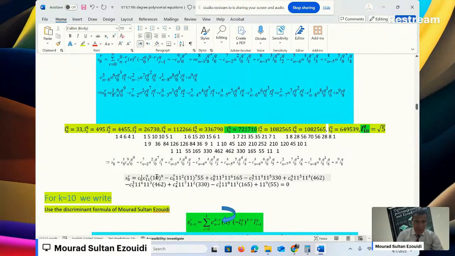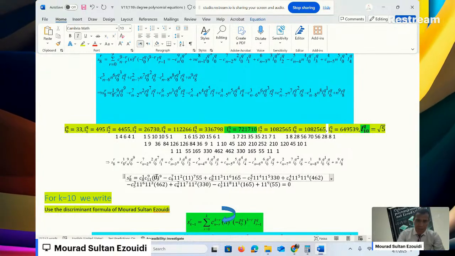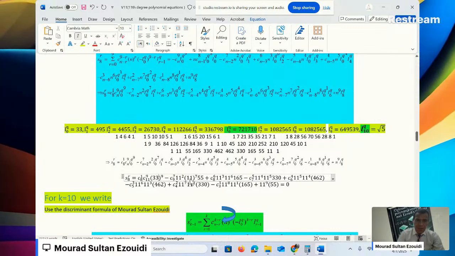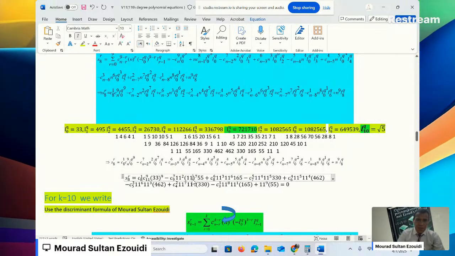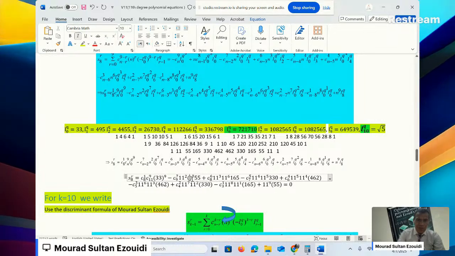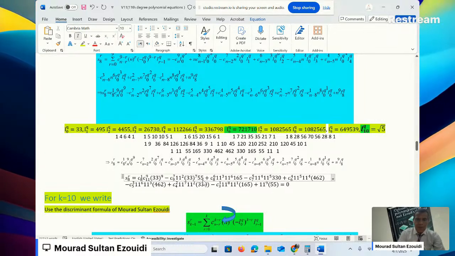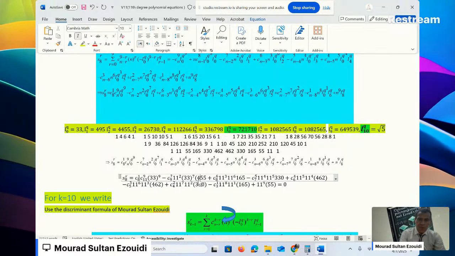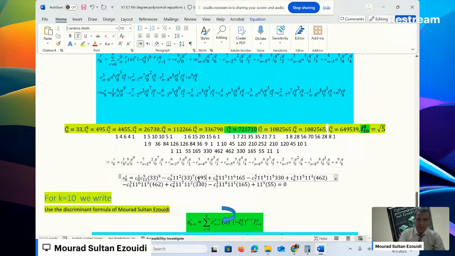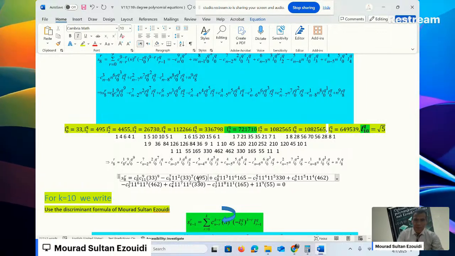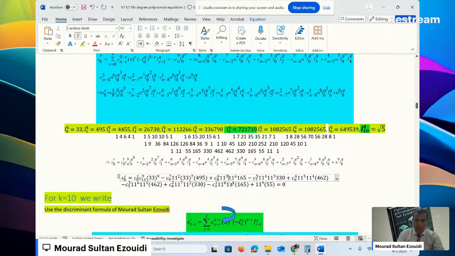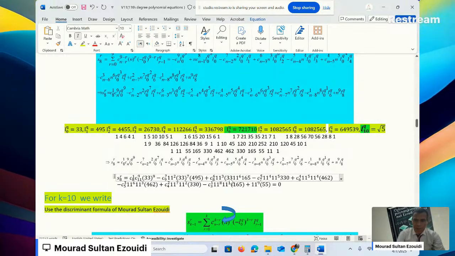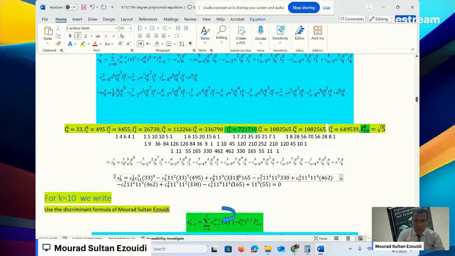Okay. Outside this one. This is my kids, 33. Okay, this is 33. I'll change that to the coefficient. 33. This is the coefficient, 495 only. So this one and this one is 33. Right, this one.